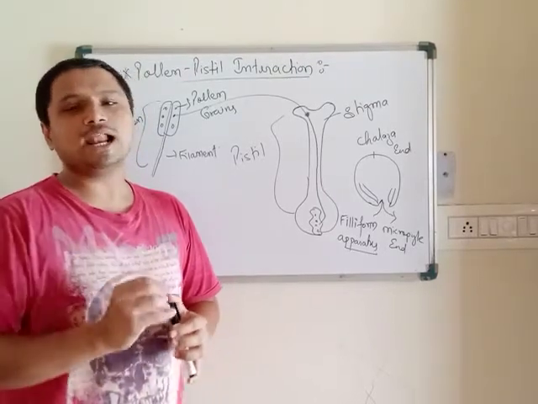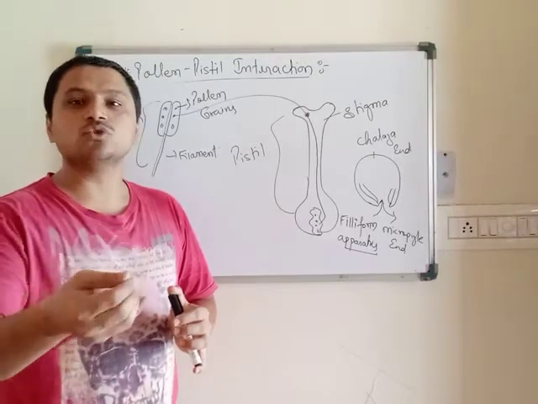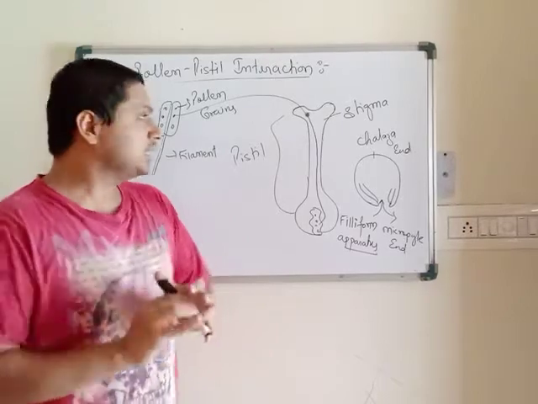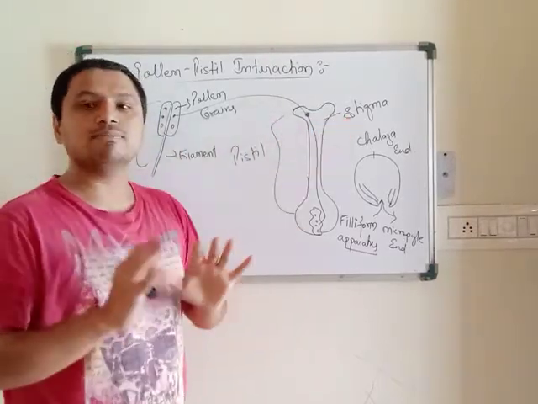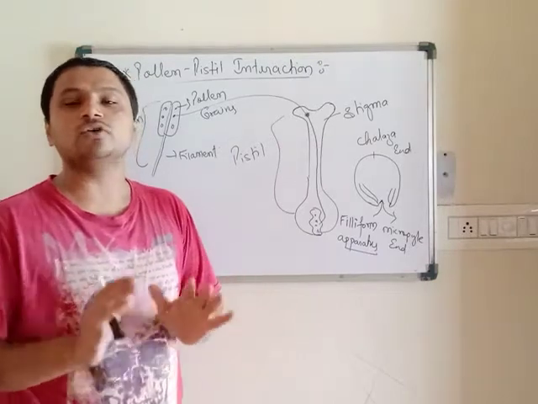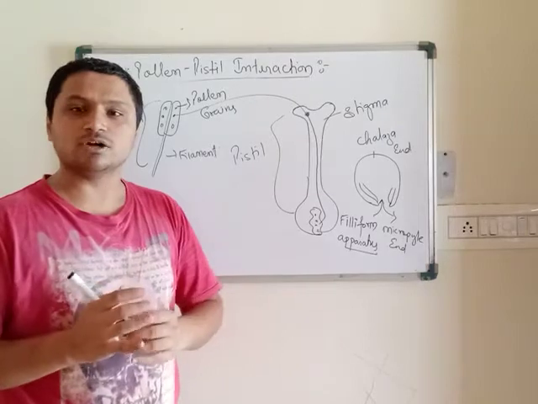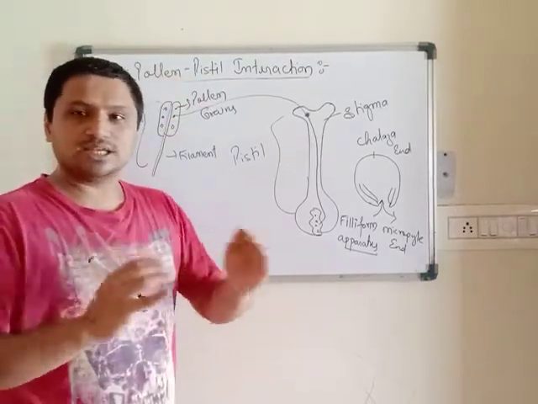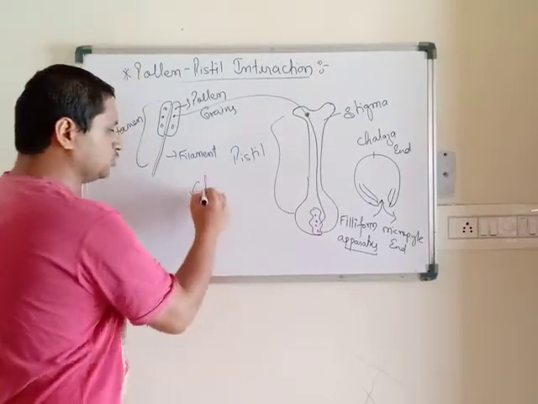Because we only allow those individuals whom we know, or those who are relatives. So in that case, the stigma also does not allow every pollen grain to enter, because it's a very interactive process that occurs between the pollen and the pistil, children. Due to this interaction, there is an interference of chemicals also.